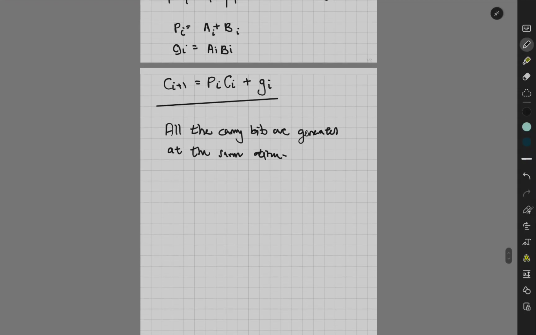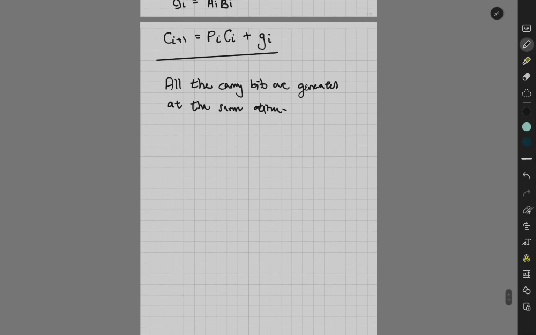Okay, so now if we go back to the ripple carry adder, it is more or less the same case, but it is also a bit different at the same time. So I will try to explain to the best of my ability.